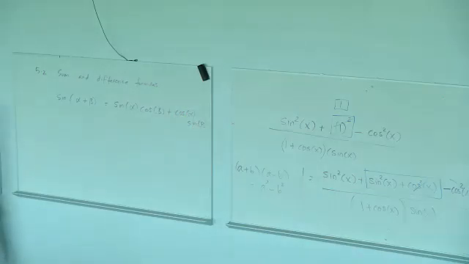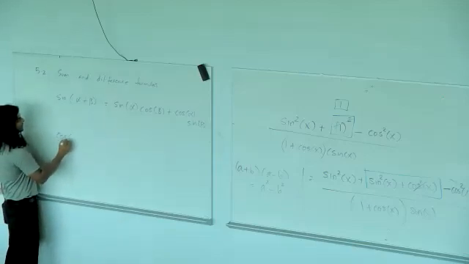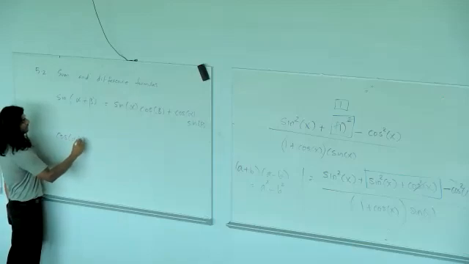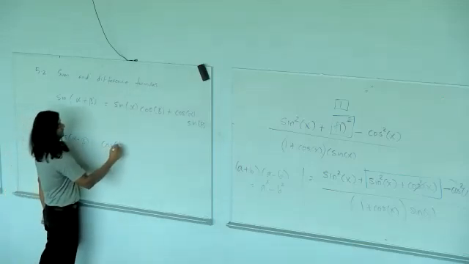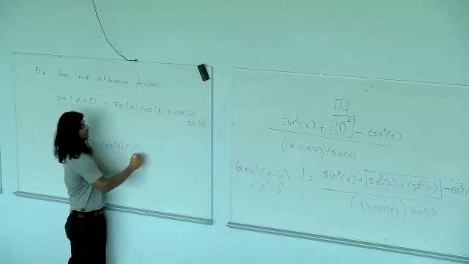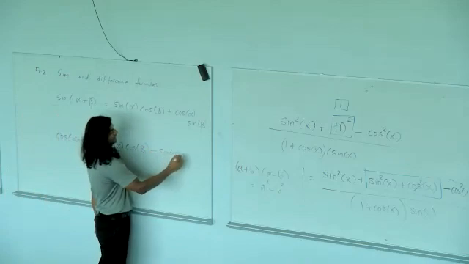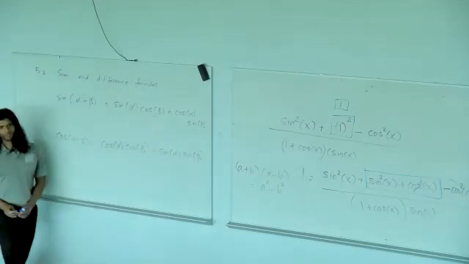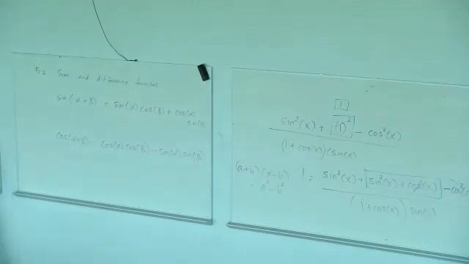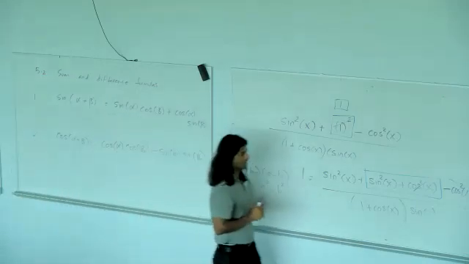Similarly, cosine of alpha plus beta is cosine alpha cosine beta minus sine alpha sine beta. That is true. I'll show you why this is true.